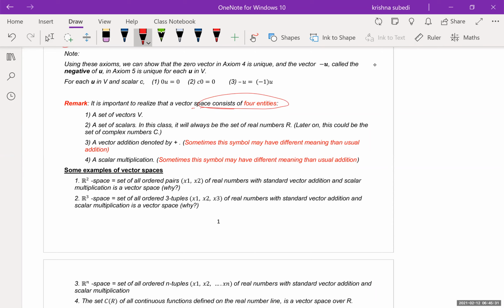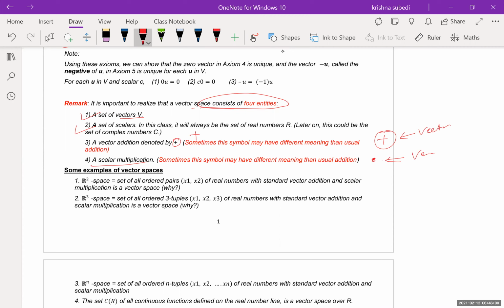Four things: one, a set of vectors V, and we consider a set of scalars, and then we have a binary operation, vector addition, denoted by the plus sign, and a scalar multiplication denoted by a dot. This one is vector addition, and this dot represents scalar multiplication.